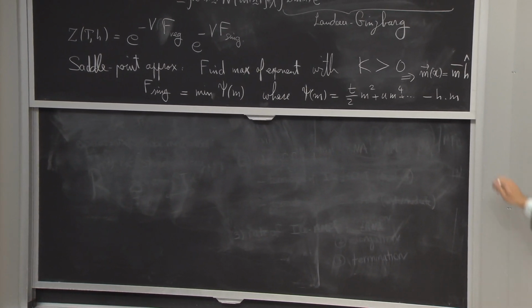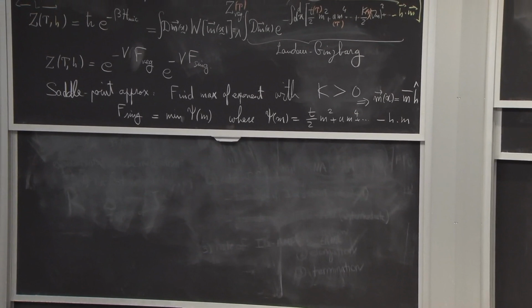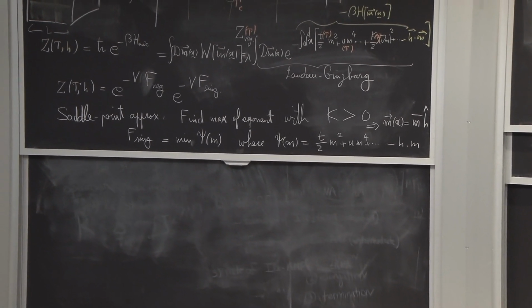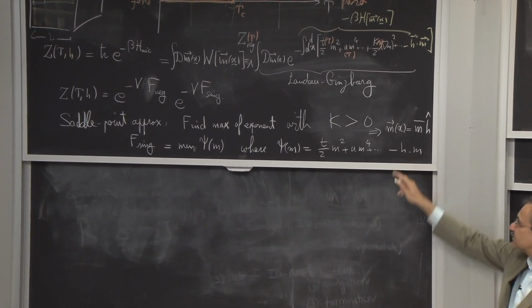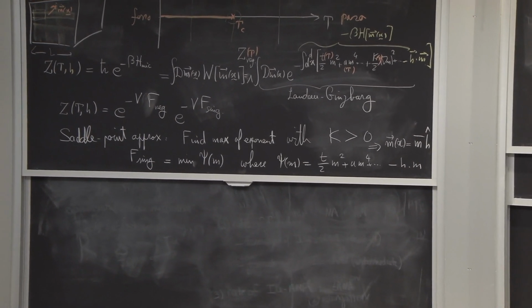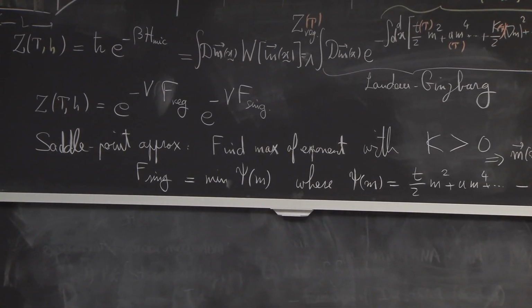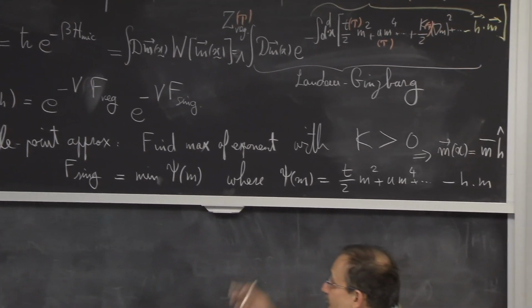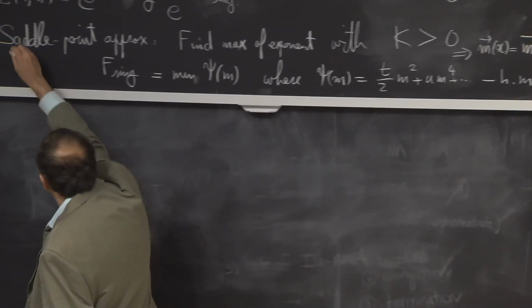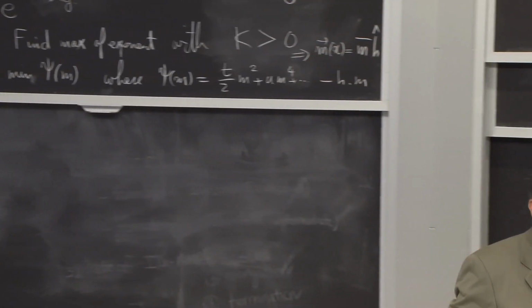So it makes sense that if I have a field, the uniform magnetization should point along it, which means that over here, this dot product is really just h times m. OK? So I reduced the complexity of the problem, subject to this saddle point approximation, to just minimizing some function.